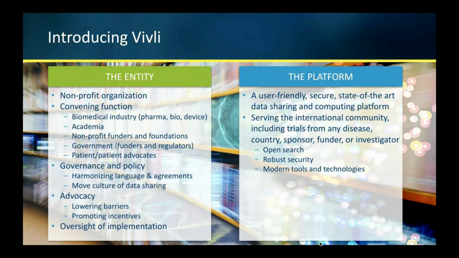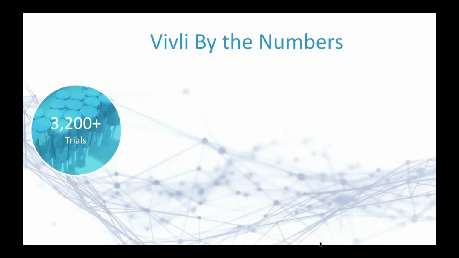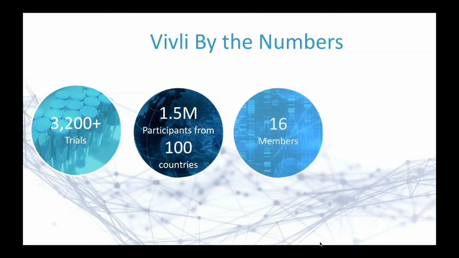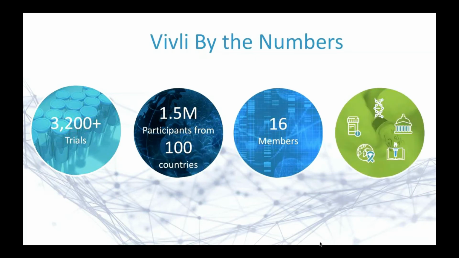So let's go now into more detail on the platform and how to use it. There are currently over 3,200 trials on Vivli, reflecting over 1.5 million participants from over 100 countries. We have 16 institutional members, reflecting a wide range of stakeholders from academia, pharma, biotech, and government.